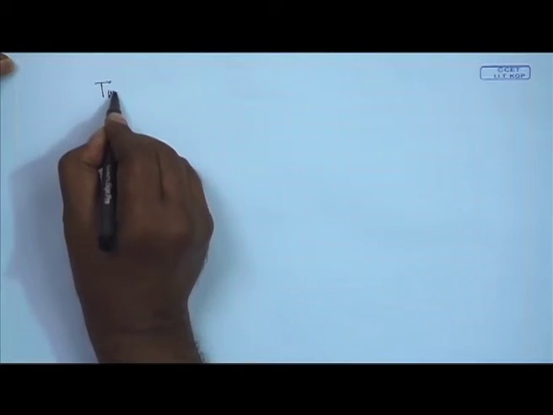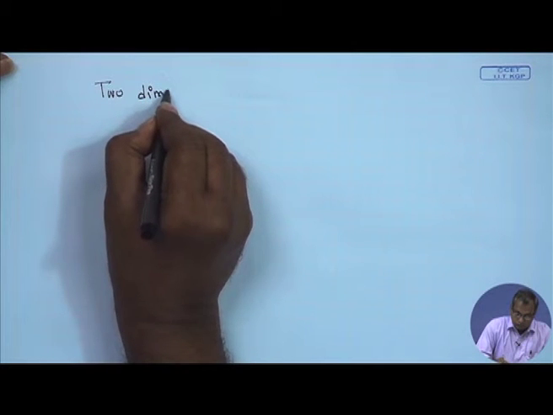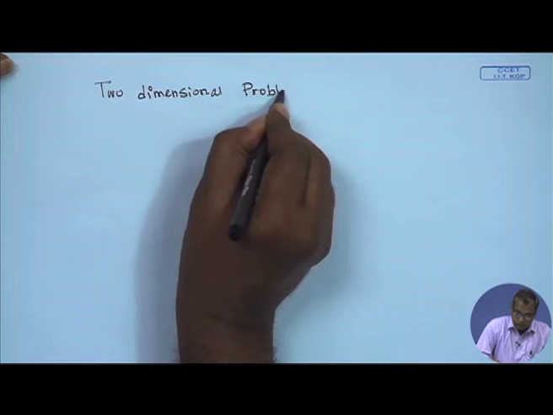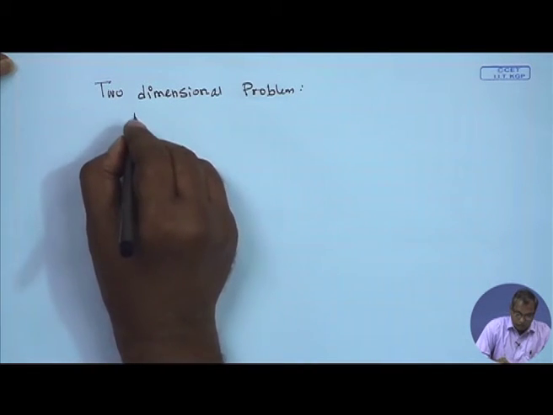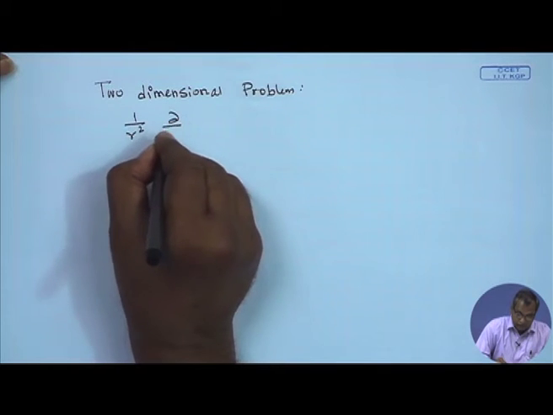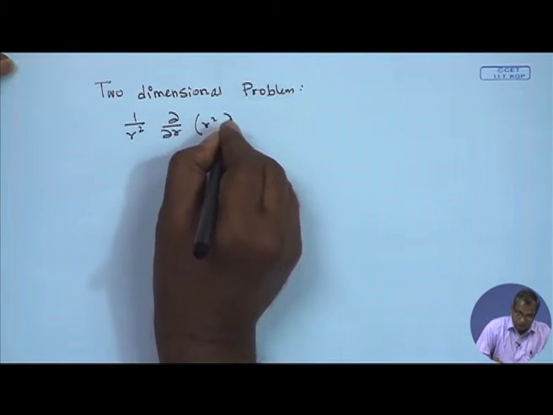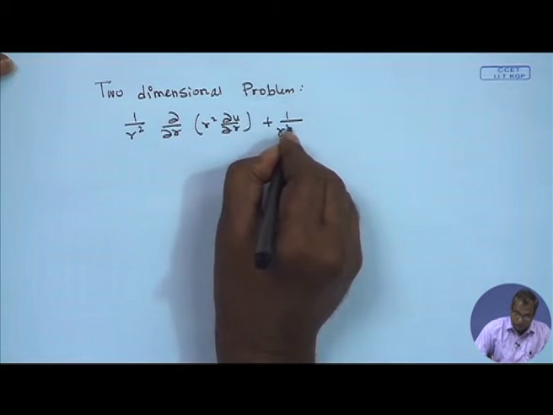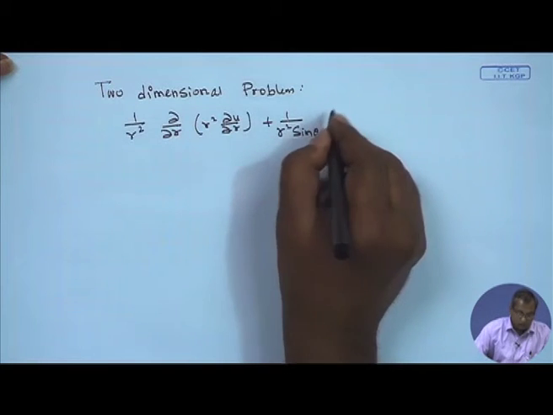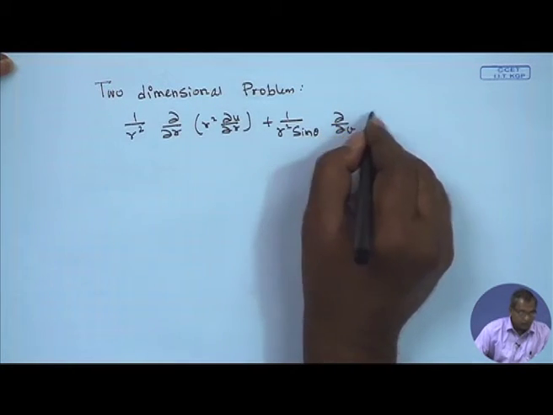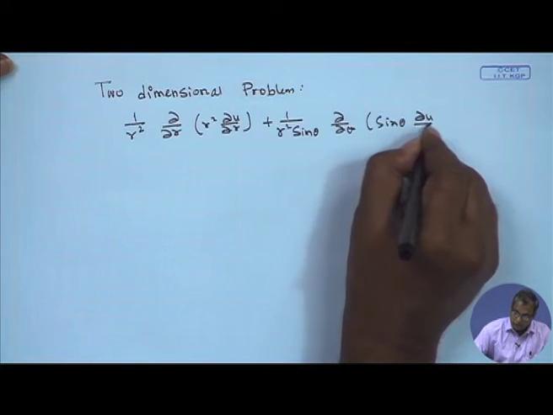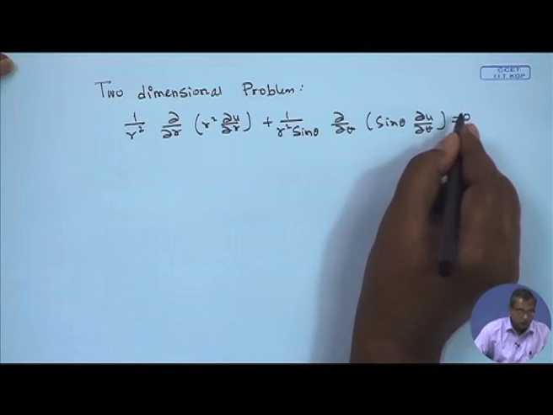So, let us look into the two-dimensional problem. 1 over r square del/del r of (r square del u/del r) plus 1 over r square sin theta del/del theta of (sin theta del u/del theta) will be equal to 0.